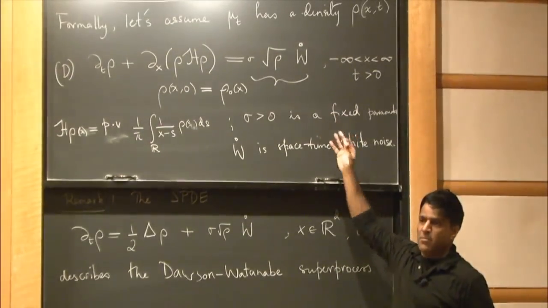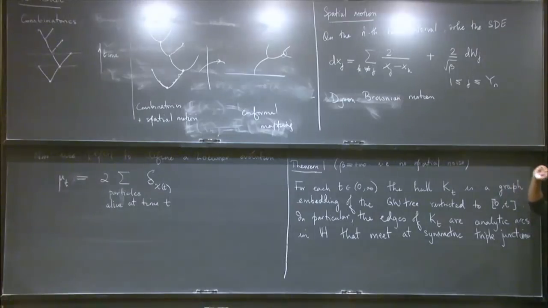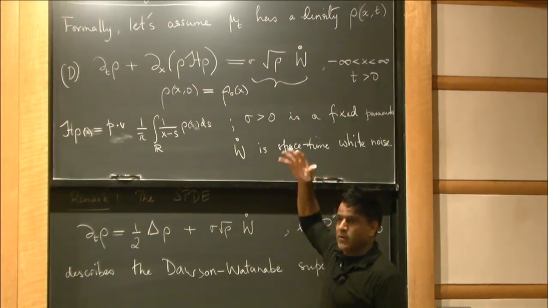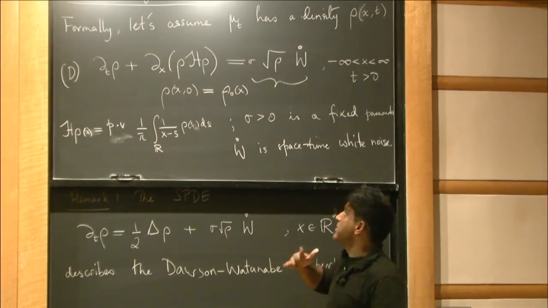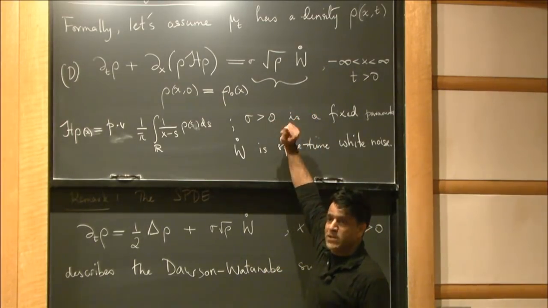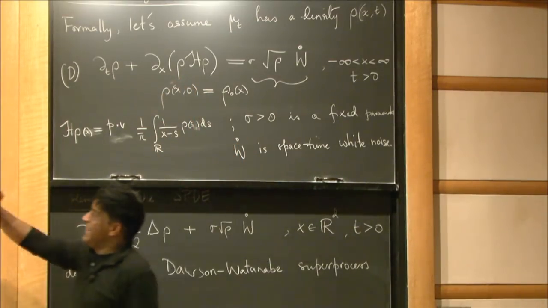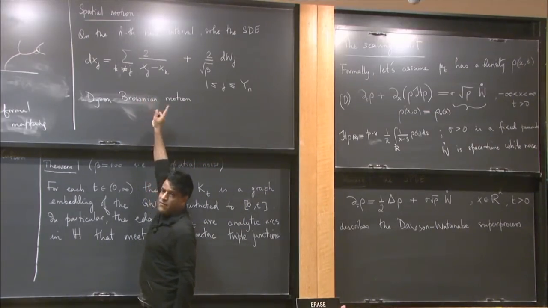So the noise in this problem has nothing to do with the Dyson branching motion piece in there. It's really just to do with the branching. So the branching process in the end has a scaling limit, and the scaling limit gives you a fluctuation.